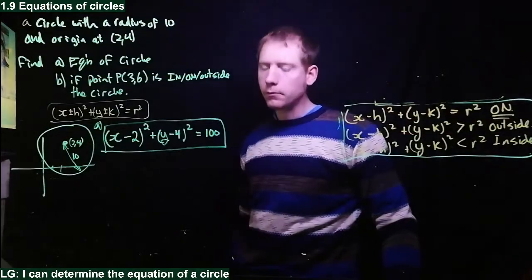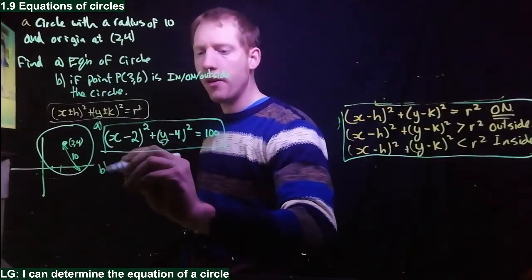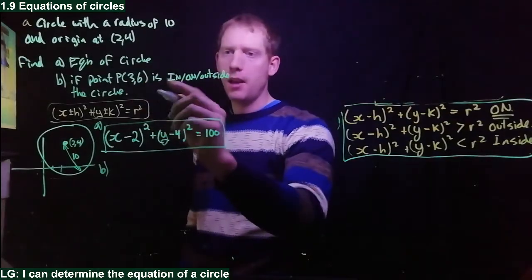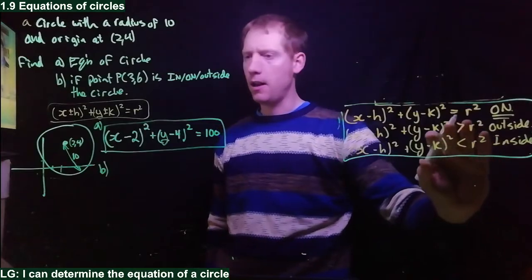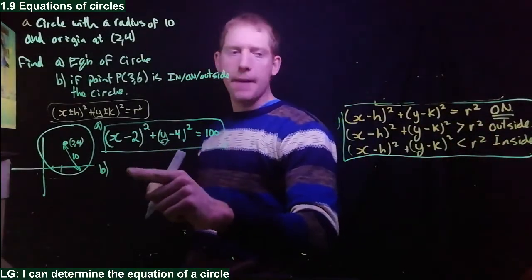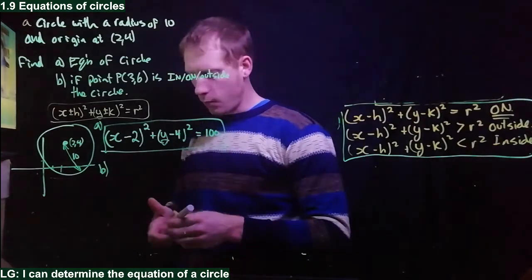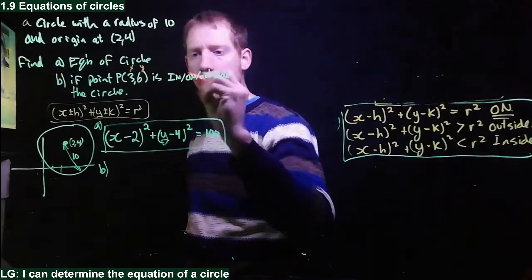Now, the second part, B, we need to determine if a point is in, on, or outside the circle, using what we learned in our previous class. To do that, you can just put in your x and y values. Here are my x and y values here.